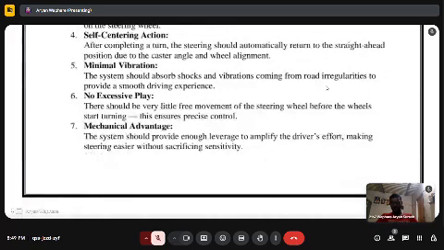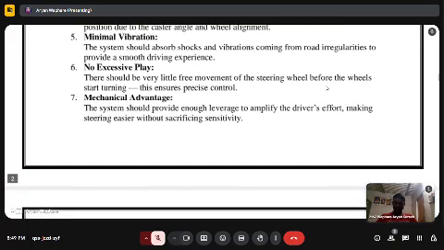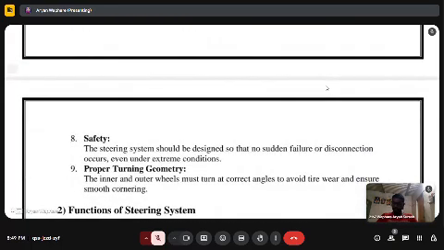In mechanical advantage, the system should provide enough leverage to amplify the driver effort, making steering easier without sacrificing sensitivity, safety, and proper turning geometry. Safety is the main purpose taken for the steering system.